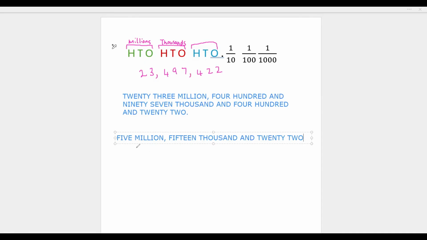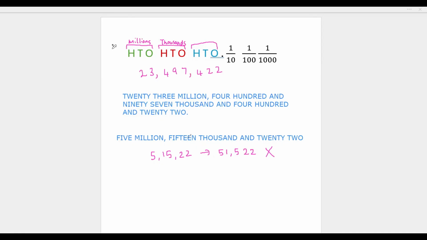Now, the common error here is people write 515,22. This is incorrect because every column needs to have a digit in it, and if there isn't one there already, we can put placeholders in, because this number would actually read as 51,522.